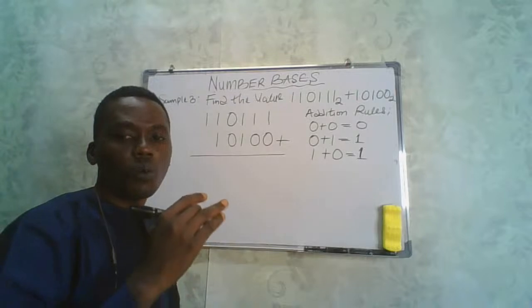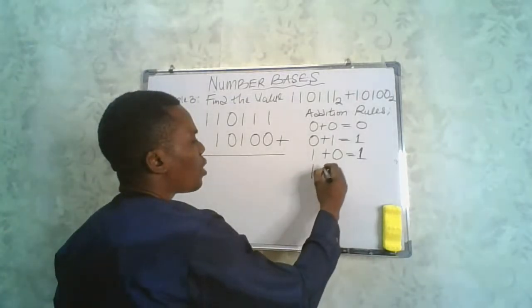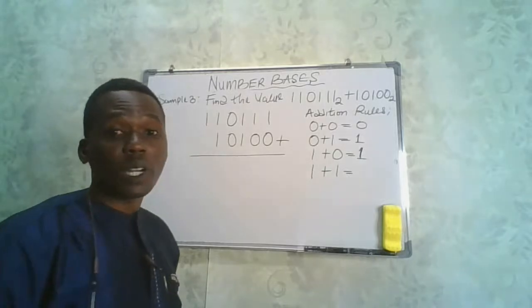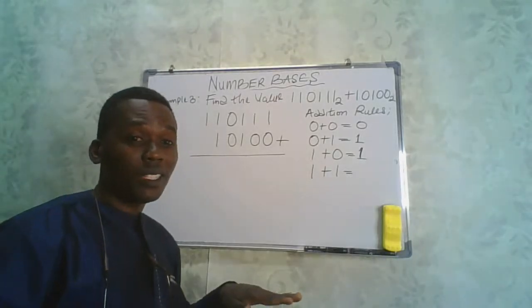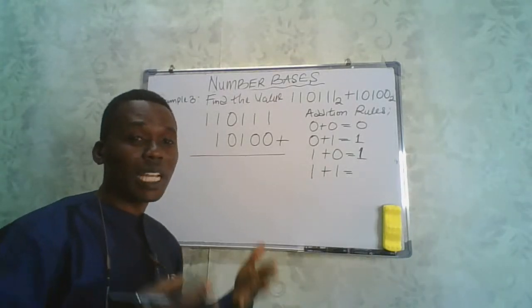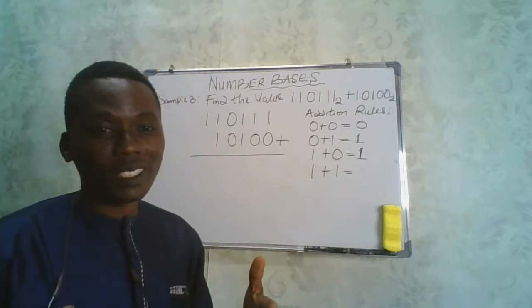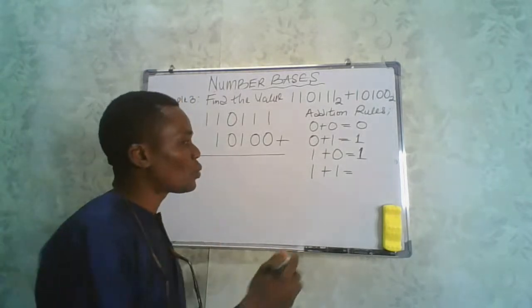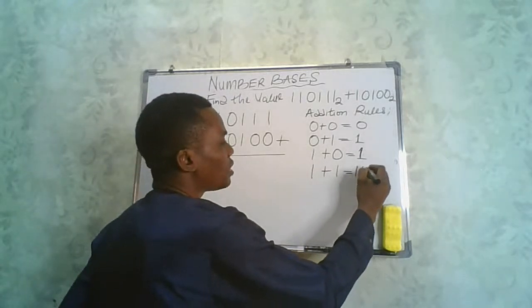right? Now, when we look at that, 1 plus 1 in our normal addition is going to be 2, but when it has to do with addition of number bases, 1 plus 1 is not 2, but rather 1 plus 1 is equal to 10.